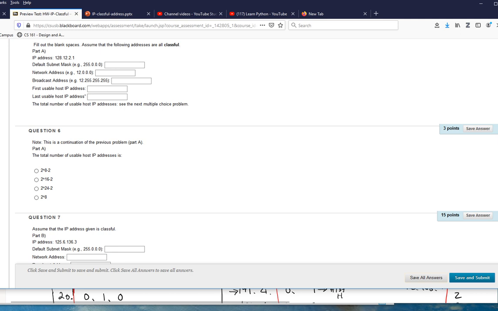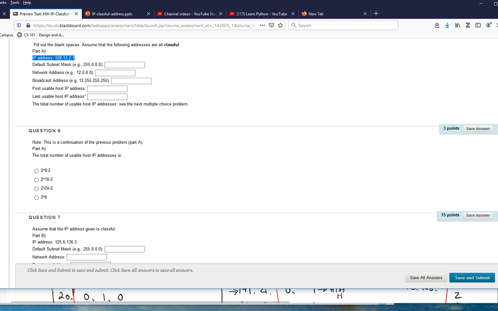Fill out the blank spaces below. Assume that all the IP addresses used in these homework assignments are classful. Okay? So for part A, this is given.